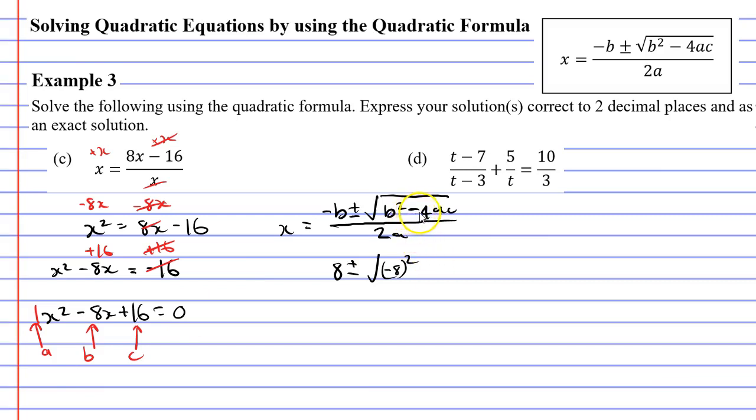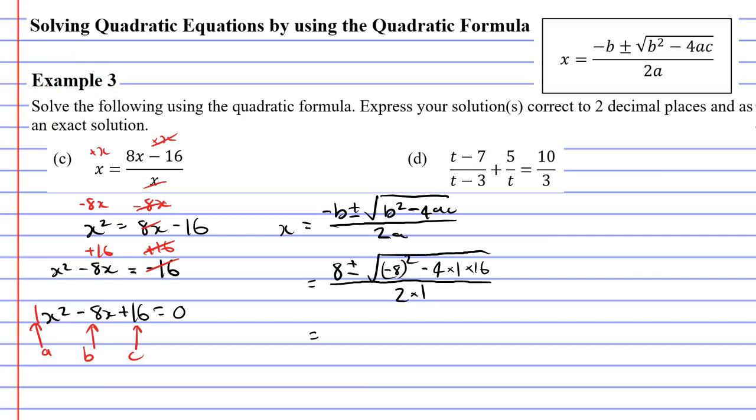Next we have -4, and we're multiplying it by a and c, a being 1 and c being 16. So times 1 times 16. Let's finish off the line for our radical here. And for our denominator, we have 2a. Now a is 1, so it's just 2 times 1, which I could have just written as 2 if I wanted.